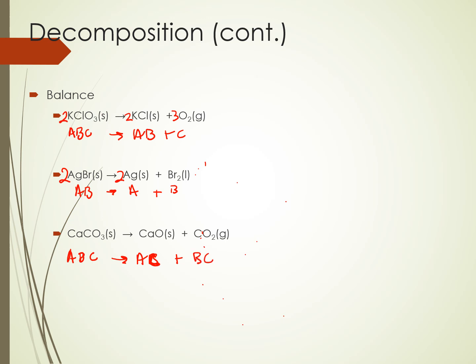So this one, just a little bit of a special exception where instead of breaking down into an element, it just breaks down into 2 simpler compounds. But again, I have only 1 reactant to start off with, so I know that's going to be a decomposition reaction. So as I look at my balancing, I have 1 calcium on each side, I have 1 carbon on each side, I have 3 oxygens as the reactants. If I add up my 2 sets of oxygens on the products, I have 3 as well.